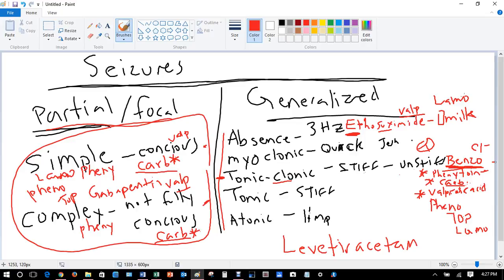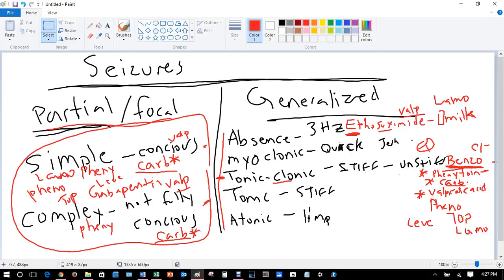Levetiracetam. That's the one we're talking about now. They think it might have something to do with GABA and glutamate release. I'm not really sure, but it's only good for a few things. Just for these tonic-clonic, put Levy for this. And also these ones over here. Getting full over here. And 2 drugs left, sorry. Tiagabine, which I don't even really think I want to worry about, and vigabatrin.